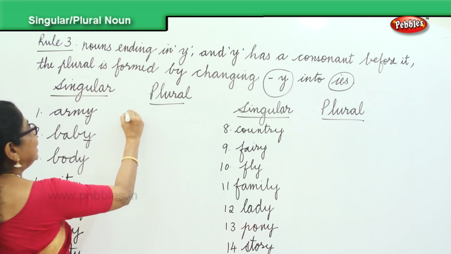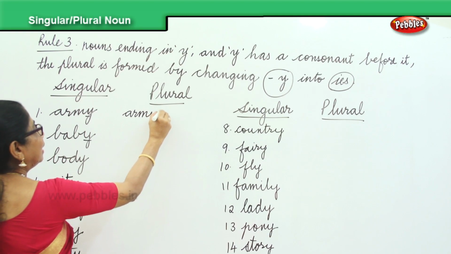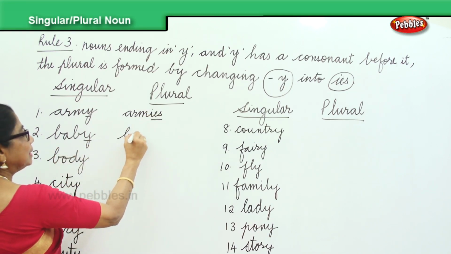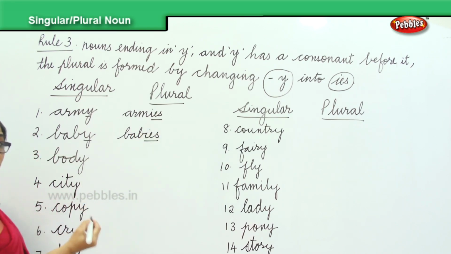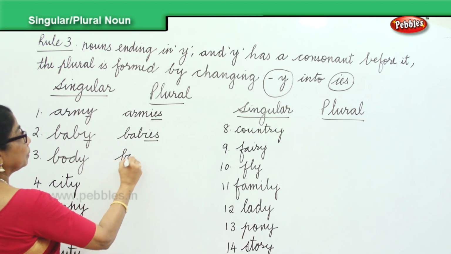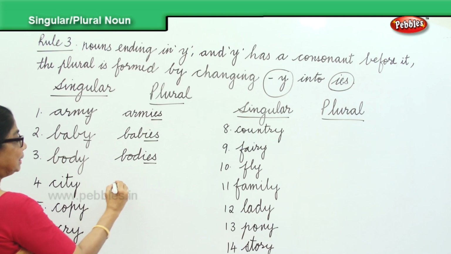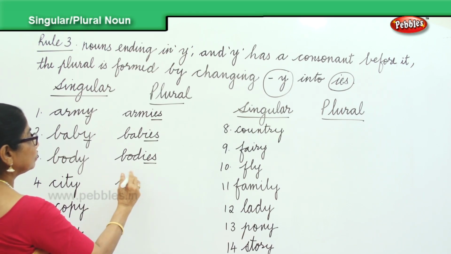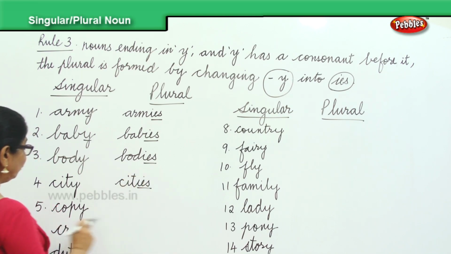Army, armies. Then you add IES. Baby, babies. IES. Then you have body, bodies. City, cities, you added IES by removing the Y.